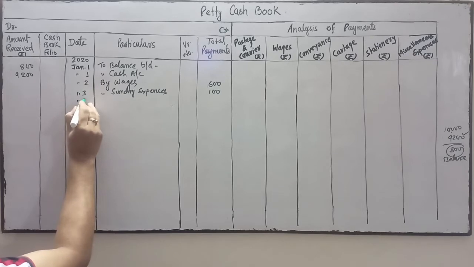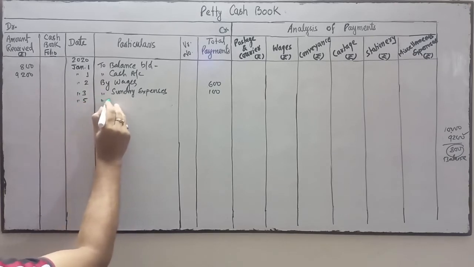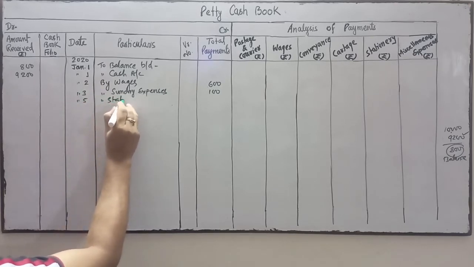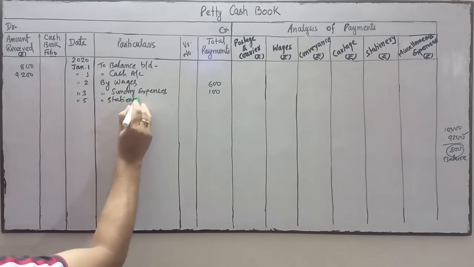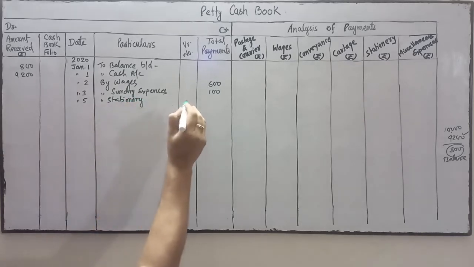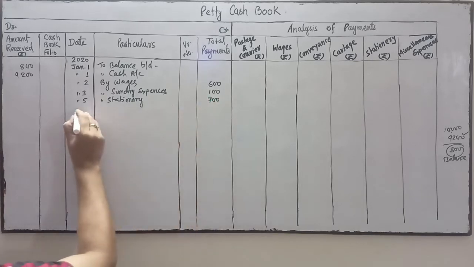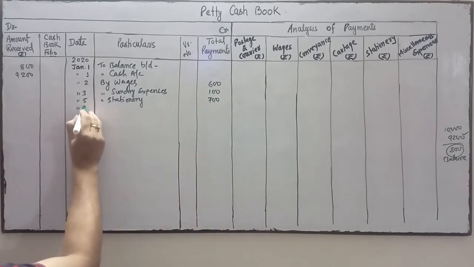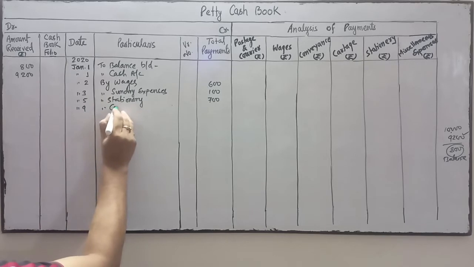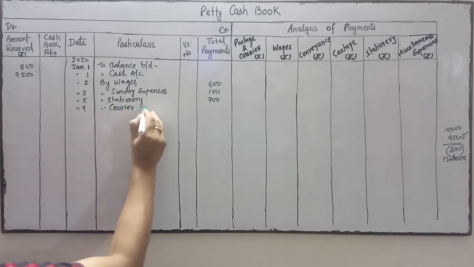Then on the 5th, paid for stationery. By stationery, that is 700. Next on the 9th, by courier charges.